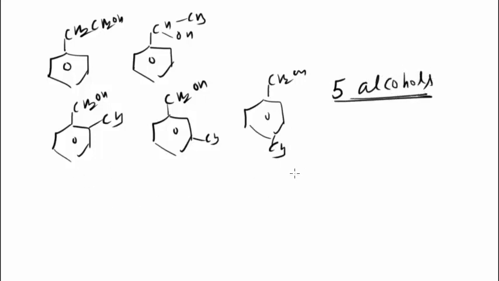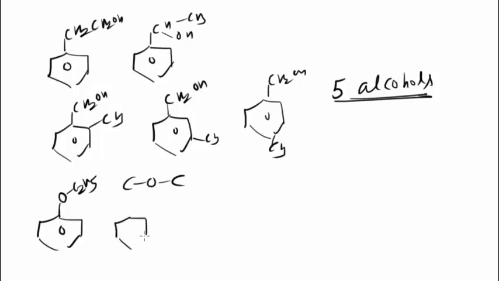Now we'll try to write ethers. What is an ether? Ether is actually a C-O-C linkage. When you choose the first skeleton, you can write an ether like this: carbon of the benzene ring, then O, then C2H5. And you may get this C-O-C, CH2OCH3, another ether.